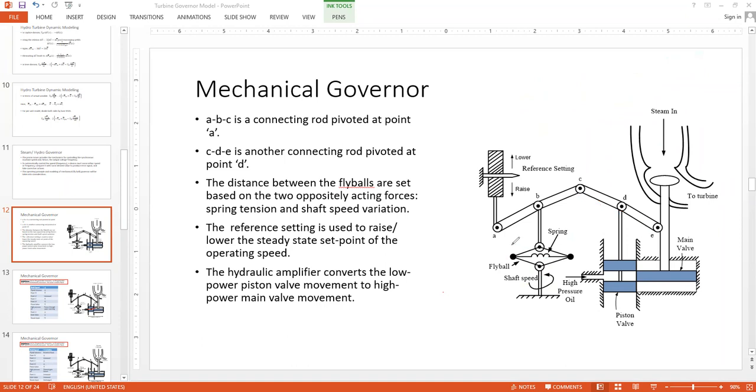So let's say at this point, there is a certain distance between these two fly balls, and that is associated with the spring tension. The spring is trying to pull them closer together. This is the job of the spring.